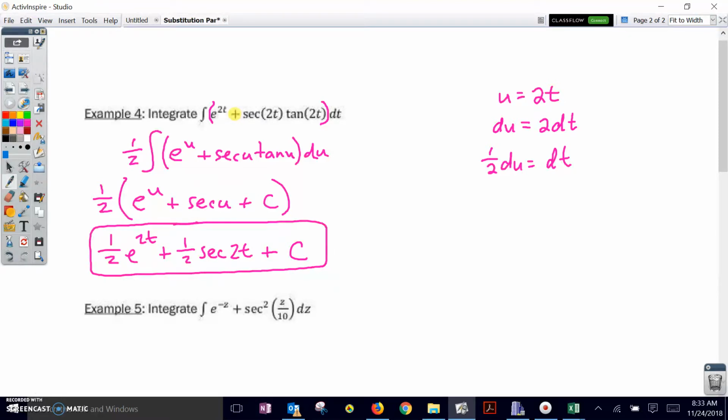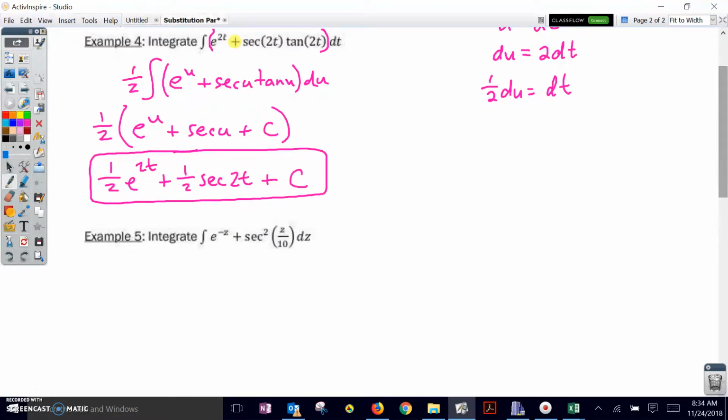Alright, and there's my integral. Now I'm going to use a different tactic in example 5, because I have, again, two different terms, but I'm not going to make the same substitution into both of those terms. So I'm going to separate this integral right off the bat into the integral of e to the negative z dz plus the integral of secant squared of z over 10 dz.